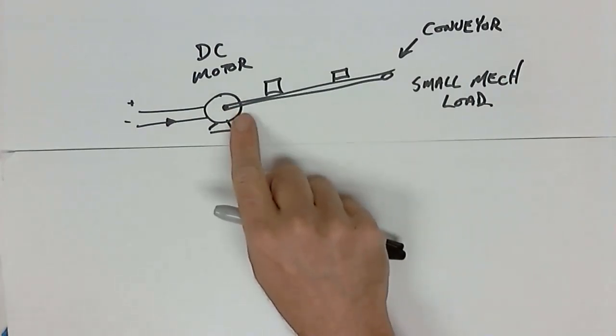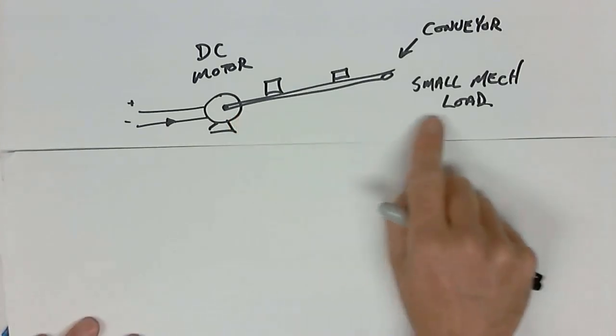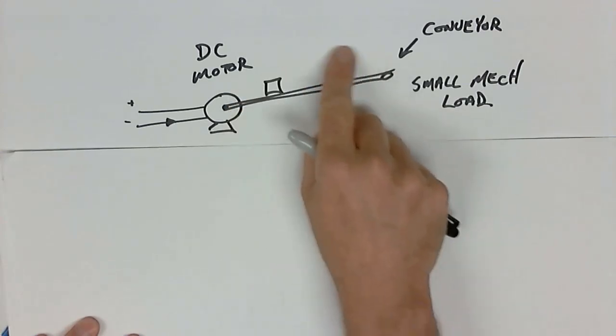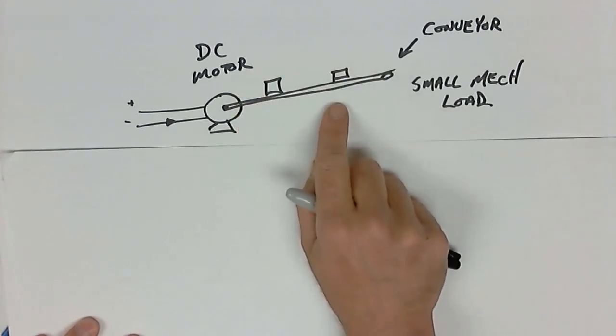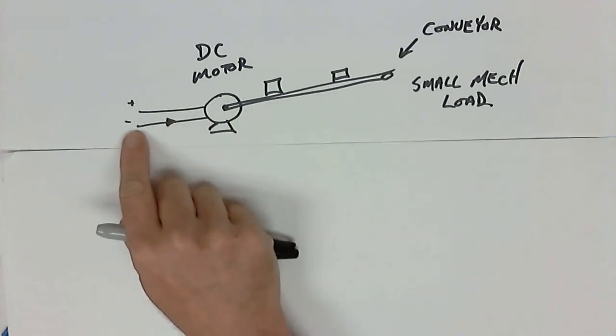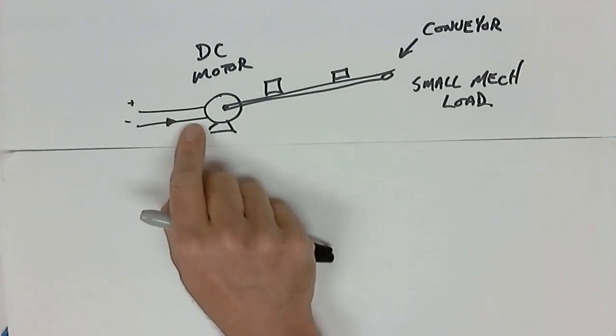Remember, the motor shaft is where the mechanical power is coming from, and that would be in torque, right? Rotational force. So if there's a small mechanical load on this, let's think of it as a small amount of mechanical power required, that would then require a small amount of electrical power.